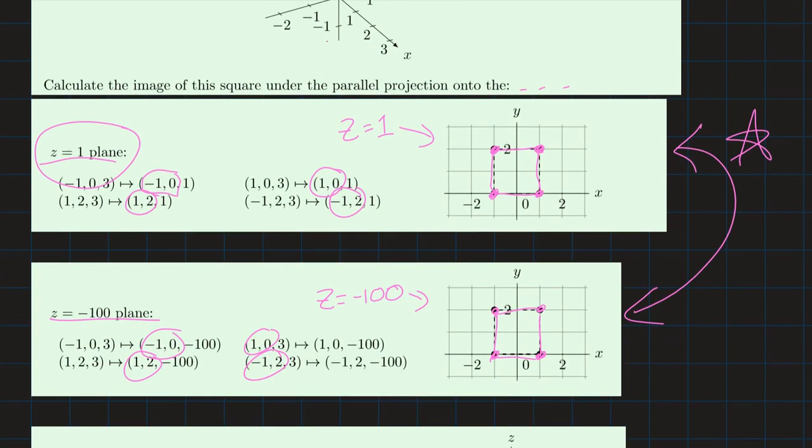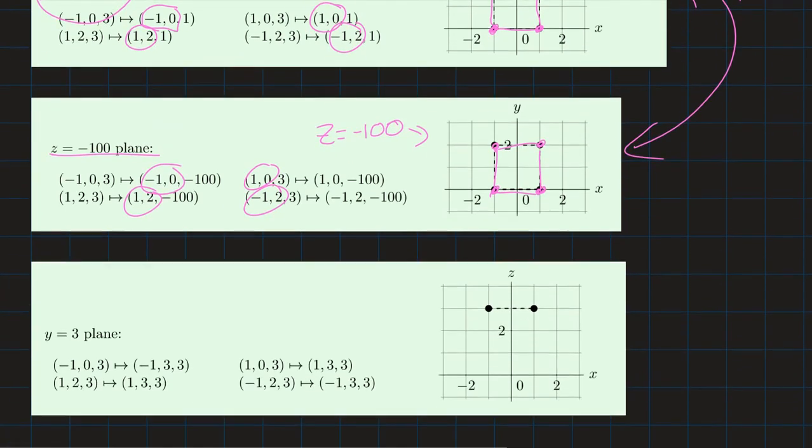And yet the image looks exactly the same in both cases. Parallel projection cannot distinguish depth. In parallel projection, it's impossible to convey how far away an object is.